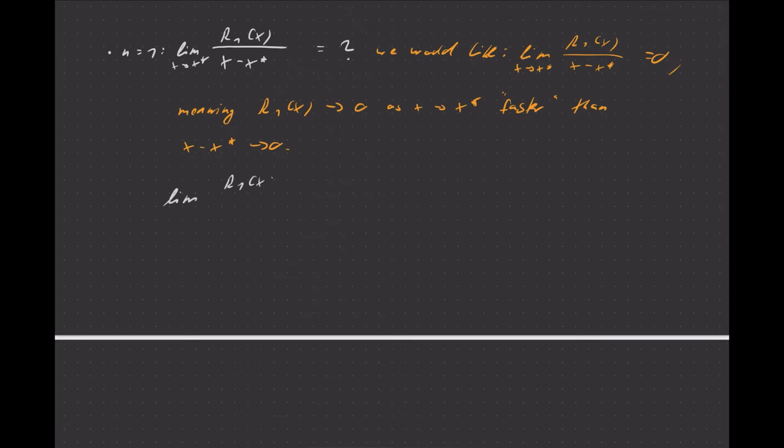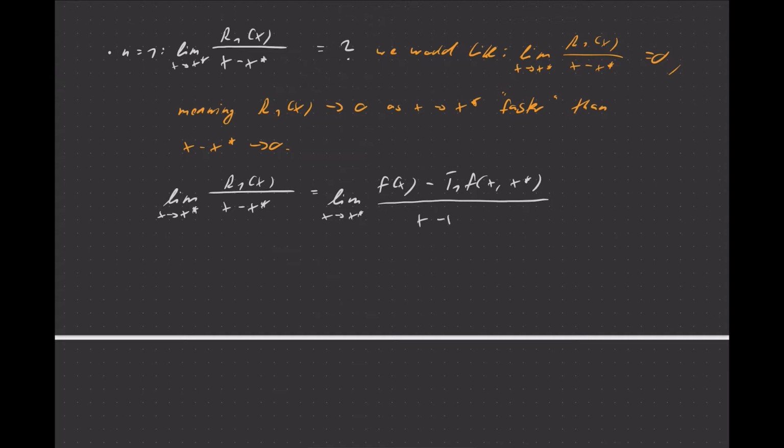Now, what is that limit? Well, we know what R1 of x is, so we can just substitute that. R1 is the difference between the actual function value at x, so f of x, and the Taylor approximation T1 f at x, and the approximation point being x star.